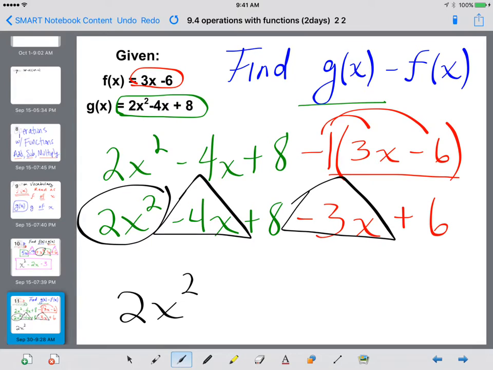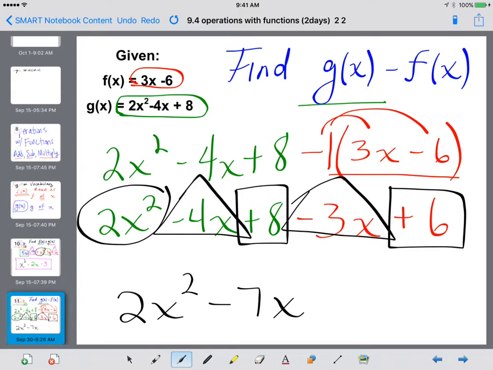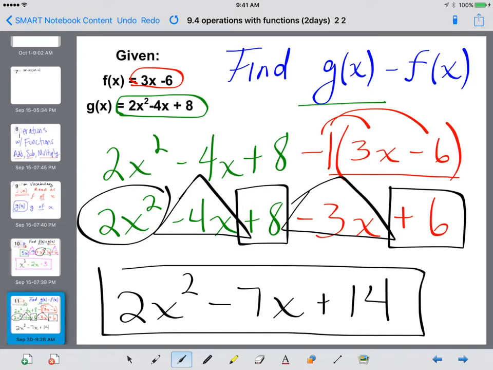Notice I always keep the sign that's in front of the number. So I combine those two and I have a minus 7x. And the last terms, positive 8 and positive 6 combine to be plus 14. So g of x minus f of x is 2x squared minus 7x plus 14.